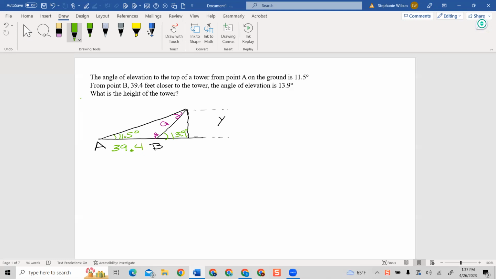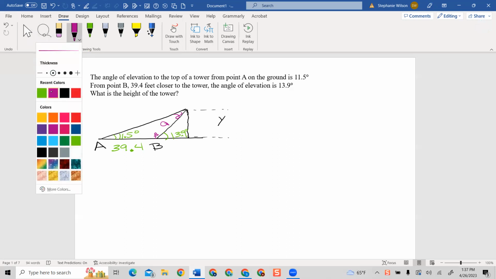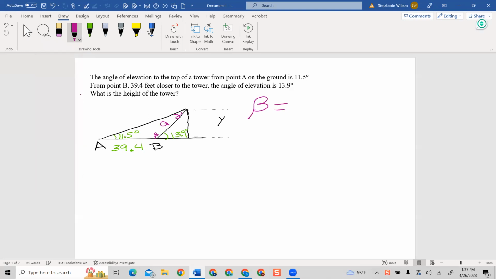All right, so now let's solve. The first thing we need to do is figure out what beta is. I know I got 180 degrees minus this complementary angle, which is 13.9 degrees, and when we calculate that, we get 166.1 degrees.